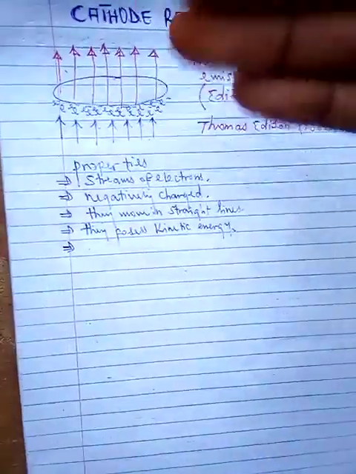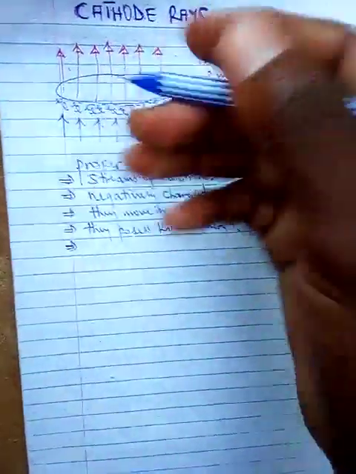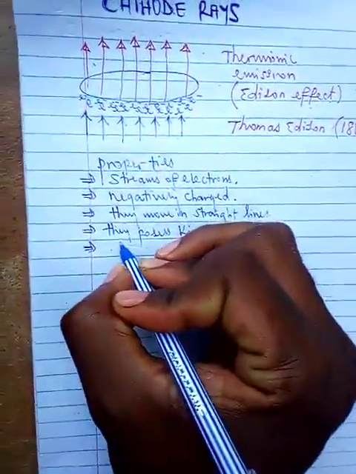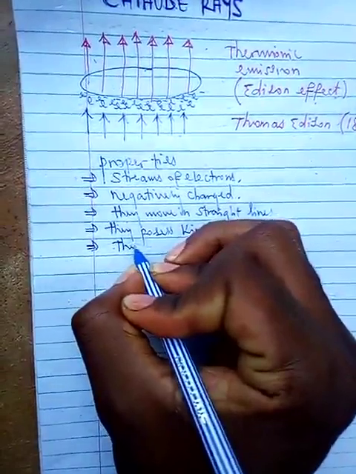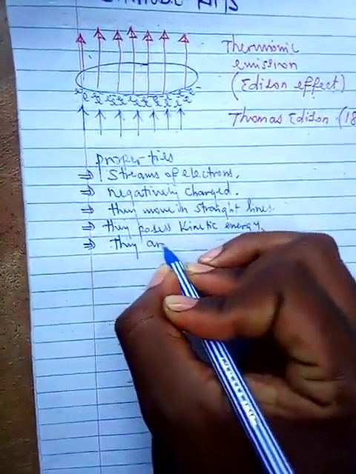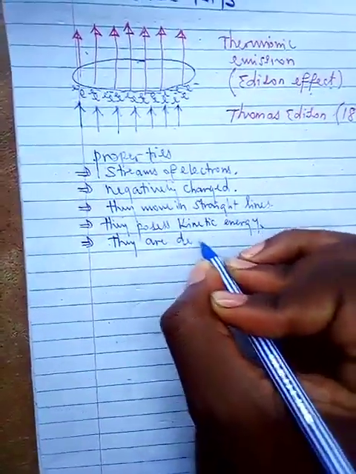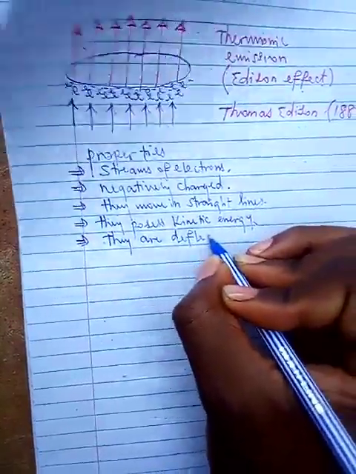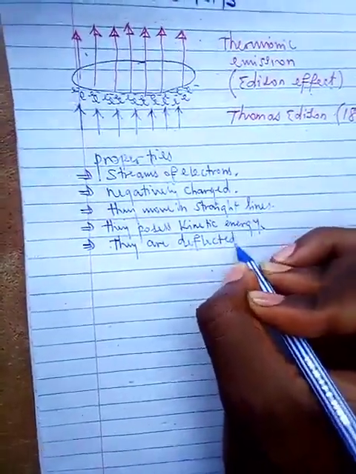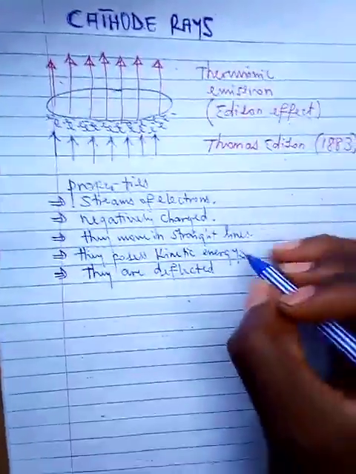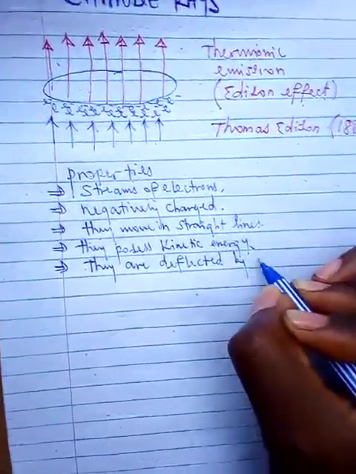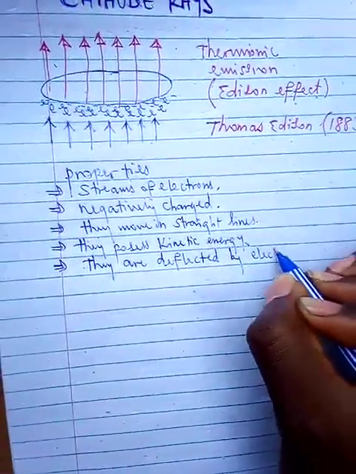So basically the whole point is this: these cathode rays are deflected. That is, they are displaced. They are deflected by electric and magnetic fields.